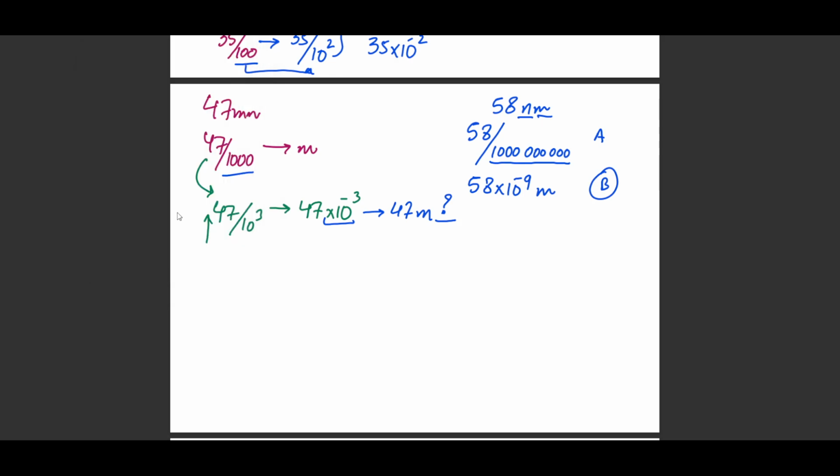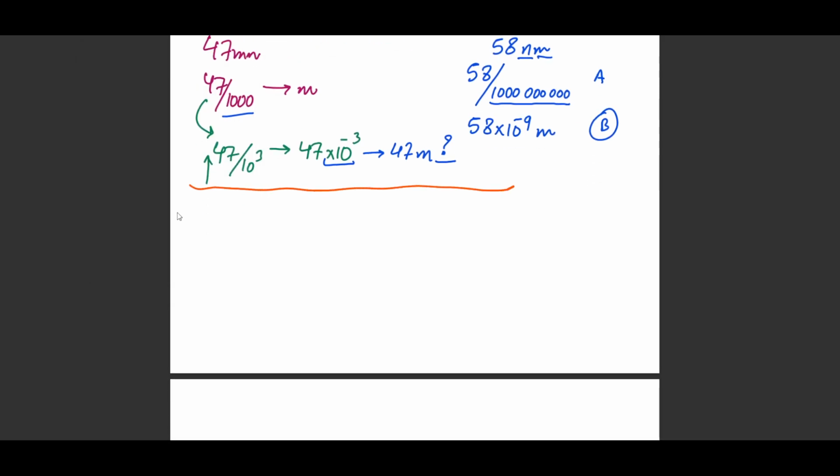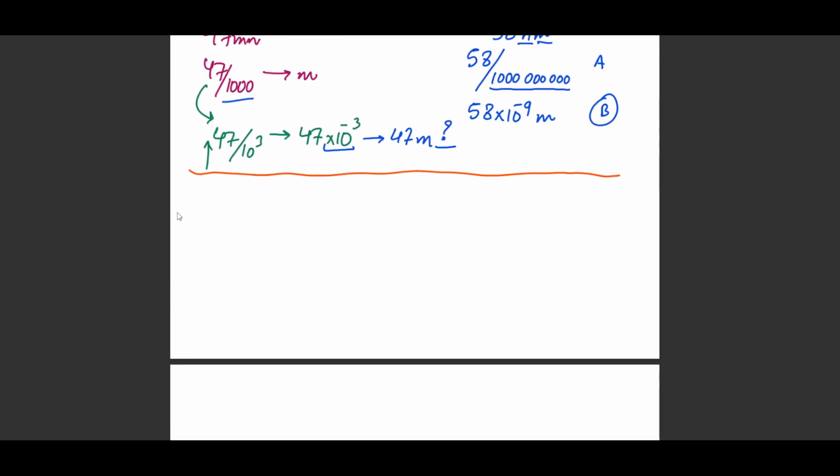Okay. Now let's try to do one more thing. Now, for example, if I write down a number that is 0.000, let's say this is the mass of a small particle, right? This is the mass of that quantity or that object, whatever that is.